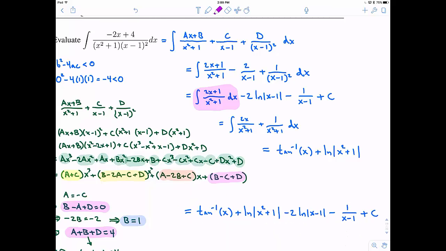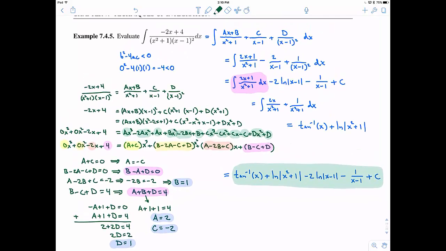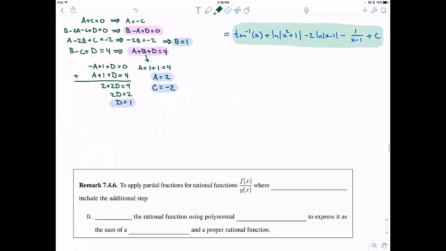And there is our final answer. So this one took a little while, as you would expect, because it has the irreducible quadratic and it has linear terms with higher degree powers here than just 1. So it does take a little bit, but we can certainly do it.